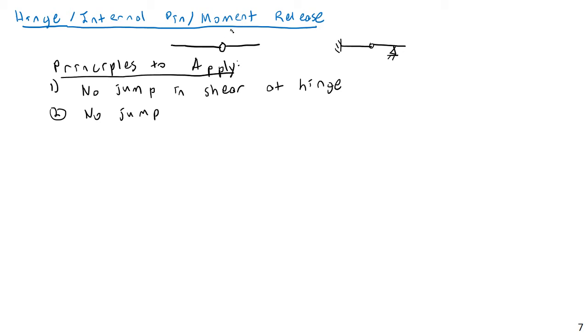Unless you have a point load on it, in that case, you could have a jump in the shear, but that would be a jump caused by the point load, not by the internal pin or the hinge. So in other words, if your function here shows that your shear was 20 kips here, it would have 20 kips on this end as well. And we'll also have no jump in moment at the hinge.